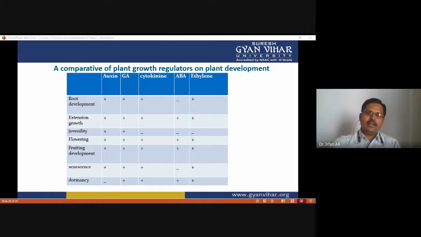While abscisic acid adversely affects root development, and cytokinin and abscisic acid adversely affect juvenility, and abscisic acid also affects senescence in plants, and often affects dormancy of the plant.